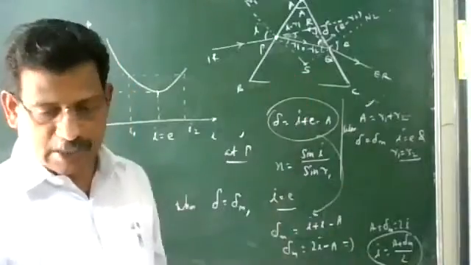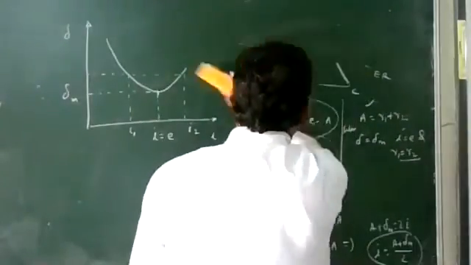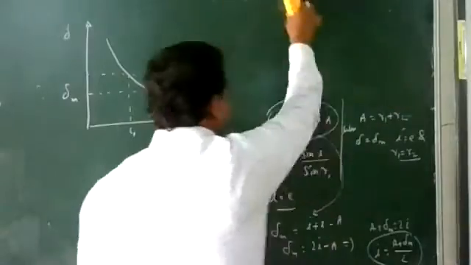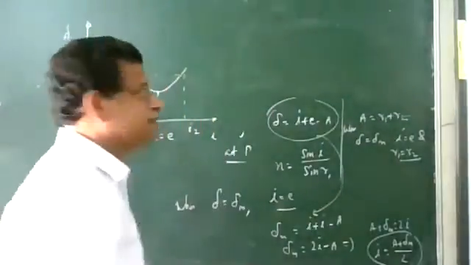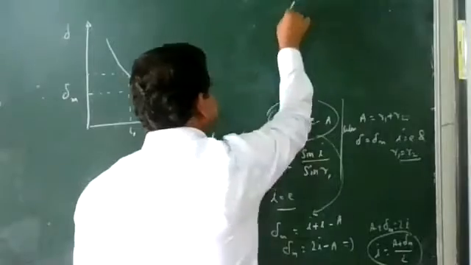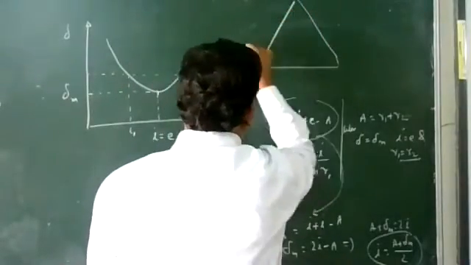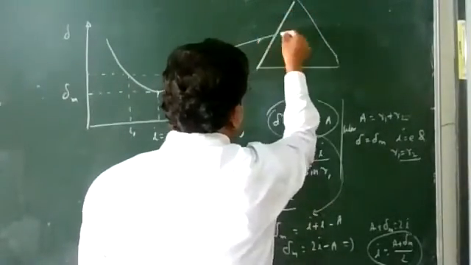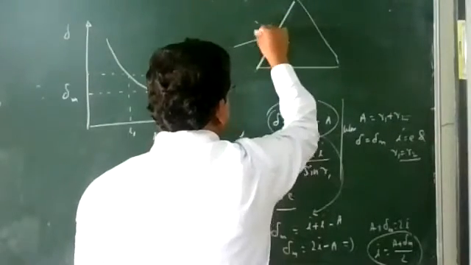I will make a diagram for that: refraction through a glass prism at minimum deviation. Minimum deviation means the angle of incidence and angle of emergence will be equal.